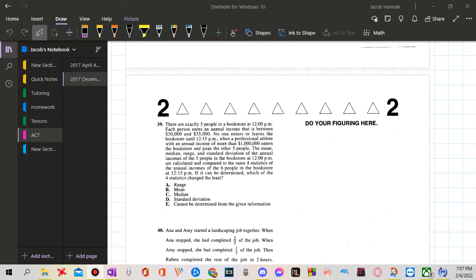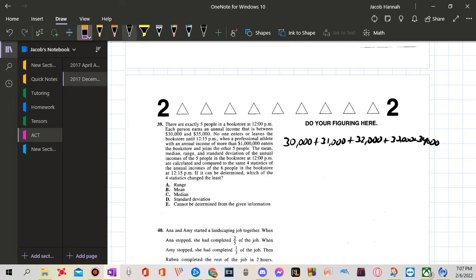So let's say we have someone who makes 30,000, someone who makes 31,000, someone who makes 32,000, someone who makes 33,000, someone who makes 34,000.